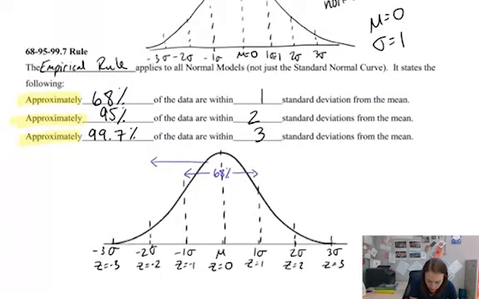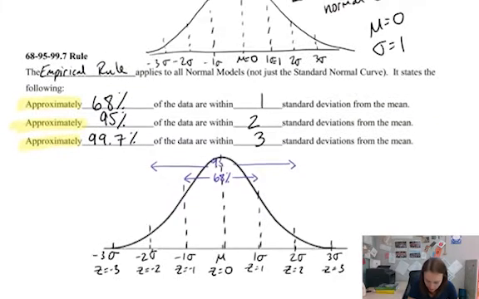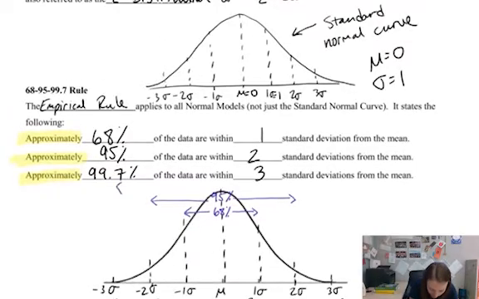Between here and here is going to be 95% of the data, so within 2 standard deviations, and within 3 standard deviations, we get 99.7% of the data. Notice it's not 100% of the data because it's just going to keep going infinitely. Sorry, my arrow got a little weird there. But almost all of our data, if it's a normal model, is going to fall within 3 standard deviations from your mean.